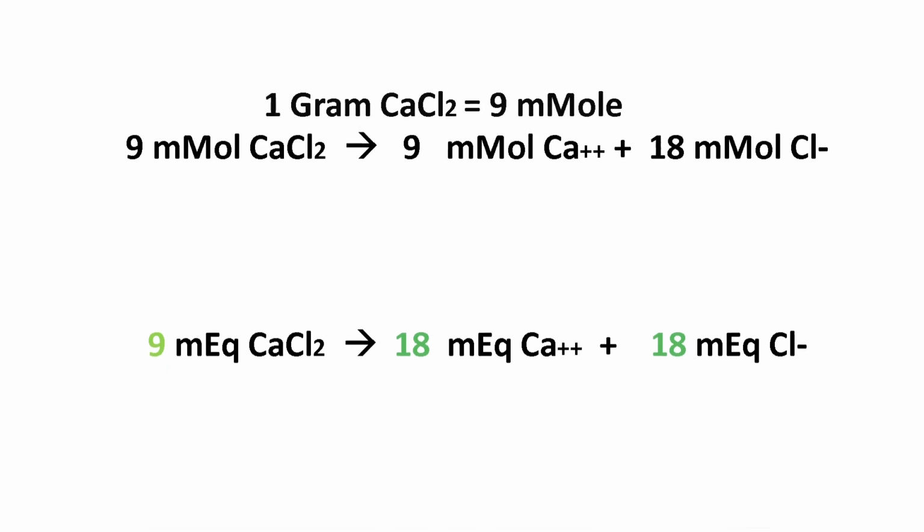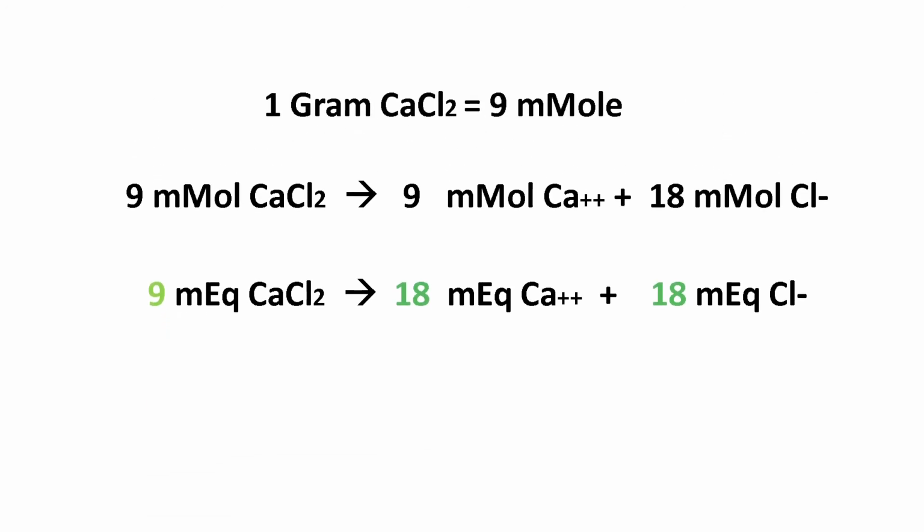Therefore, 1 gram of calcium chloride is equal to 9 millimoles. 9 millimoles of calcium chloride will give 9 millimoles of calcium ions and 18 millimoles of chloride ions. 9 milliequivalents of calcium chloride will give 18 milliequivalents of calcium ions and 18 milliequivalent of chloride ions.